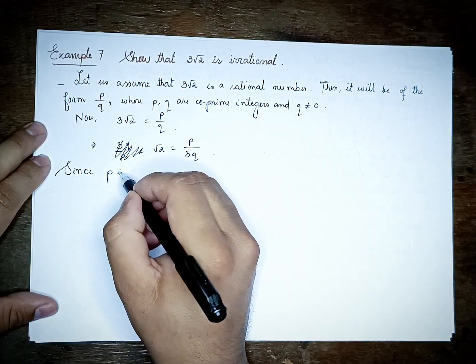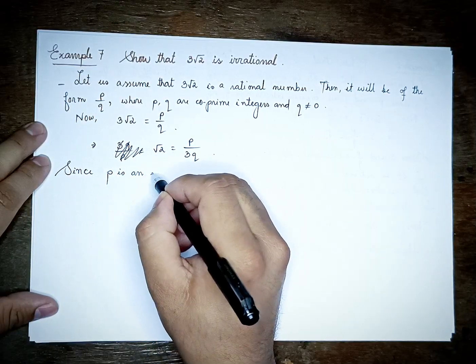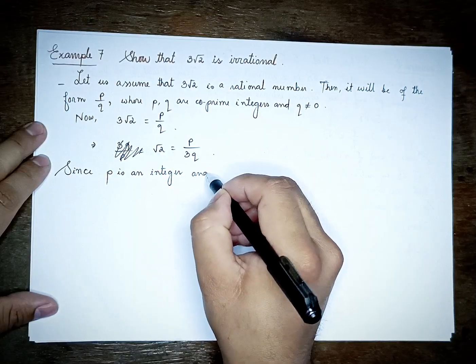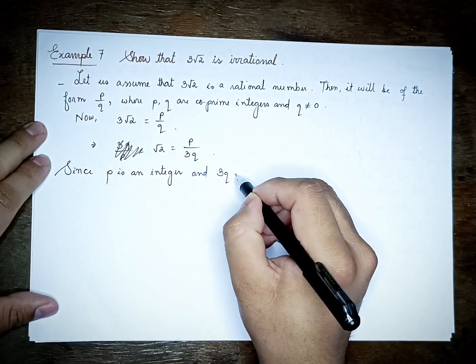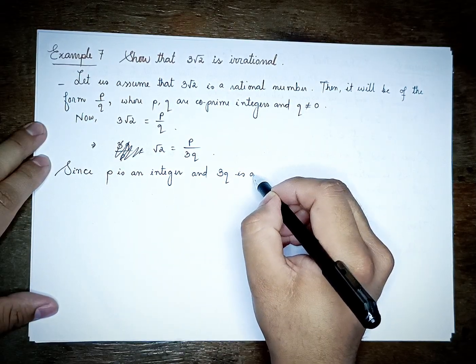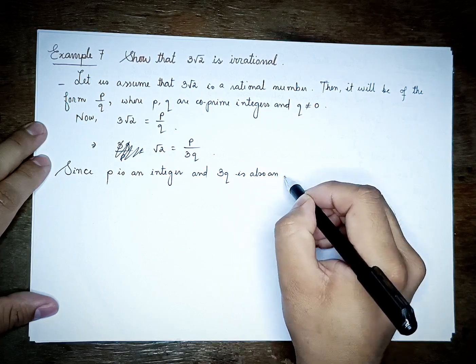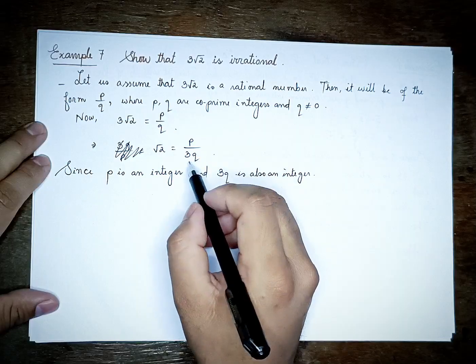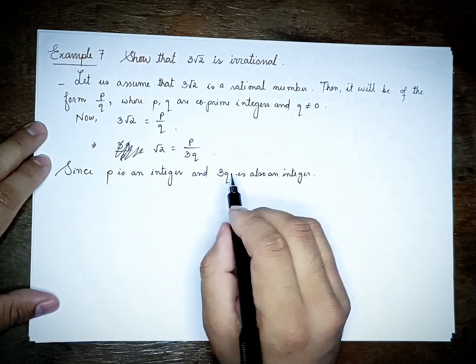Since p is an integer and 3q is also an integer, so p by 3q is a rational number.